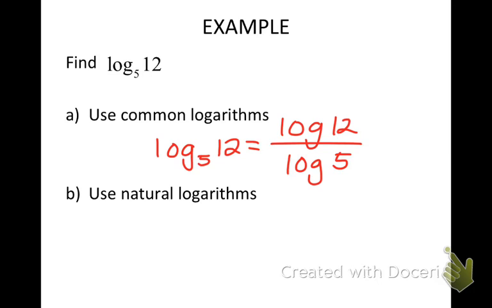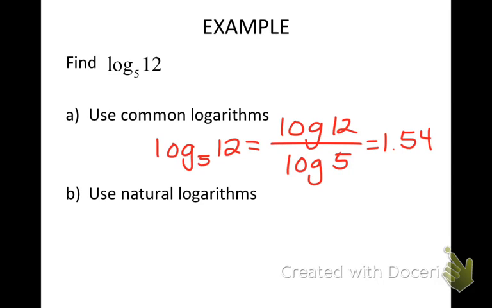Then on my calculator, I can type in the log of 12, make sure you close that parenthesis, that gets attached to the 12, divided by the log of 5, and we get about 1.54. Make sure you close the parenthesis after the 12, because if you don't, then it's going to take the log of 12 divided by the log of 5.